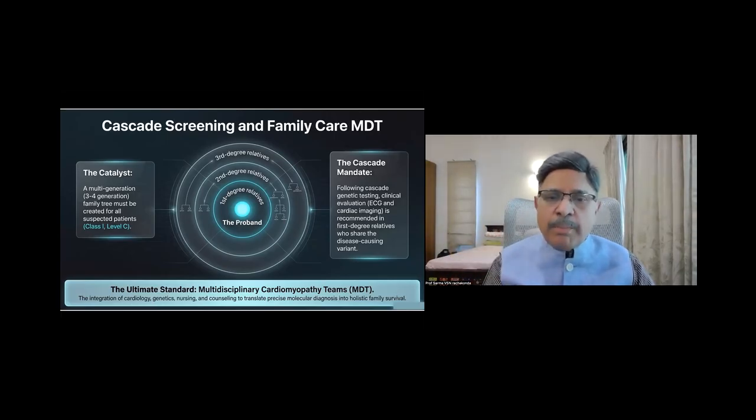Ultimate standard: multidisciplinary cardiomyopathy team, MDT, integration of cardiology, genetics, nursing, counseling to translate precise molecular diagnosis into holistic family survival. Today, we are not making an anatomical and functional diagnosis alone. We are making a molecular diagnosis also.